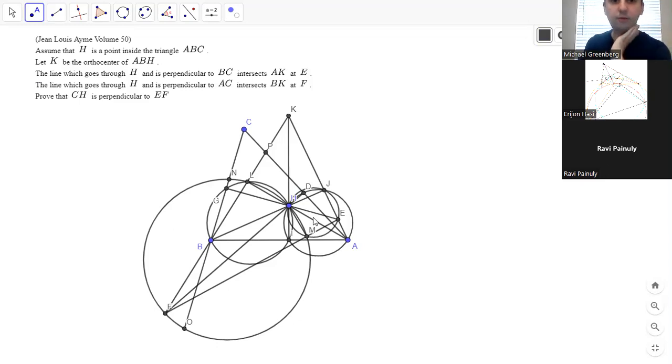So PH is perpendicular to AF, is what you're saying. Because FH, oh yeah, because FH is perpendicular to AC. So PH is perpendicular to AF. And then we could find another point that's perpendicular to BE. Okay.